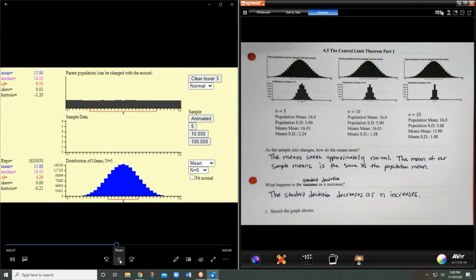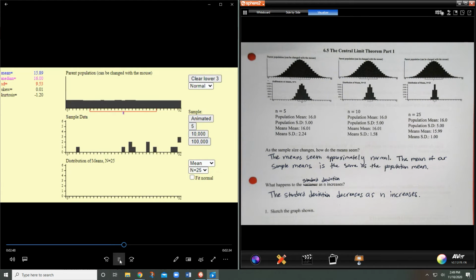Now we are going to take samples of size 25. So there's the mean of one sample of 25.